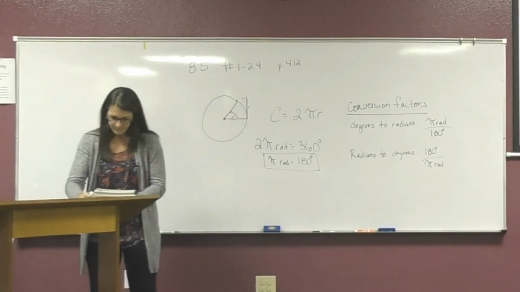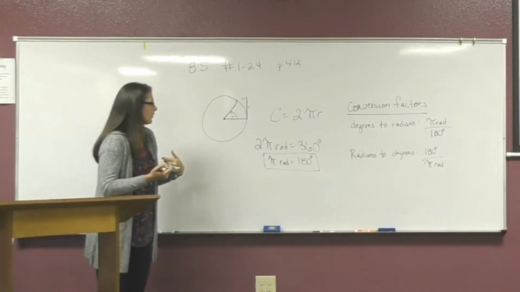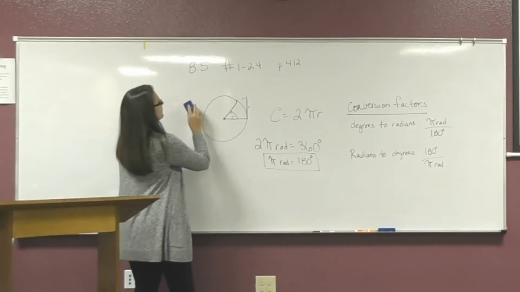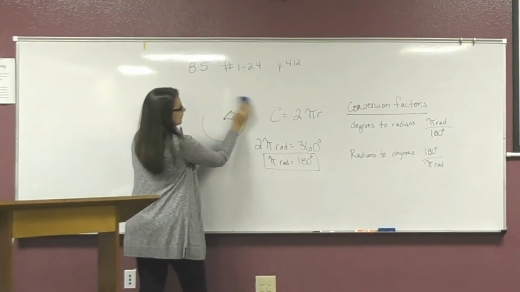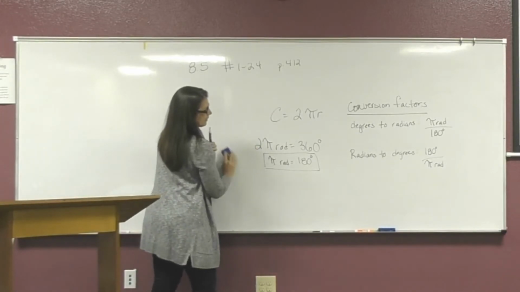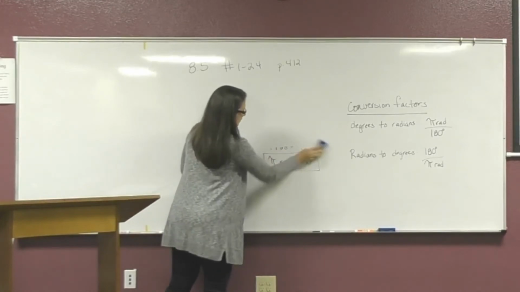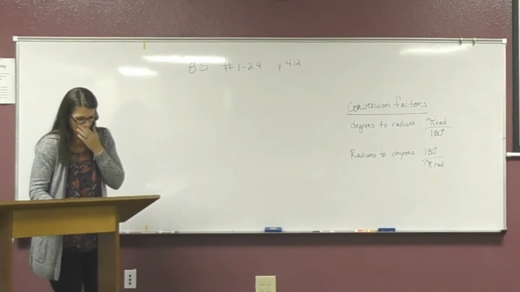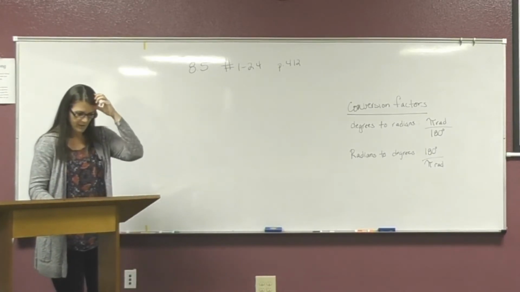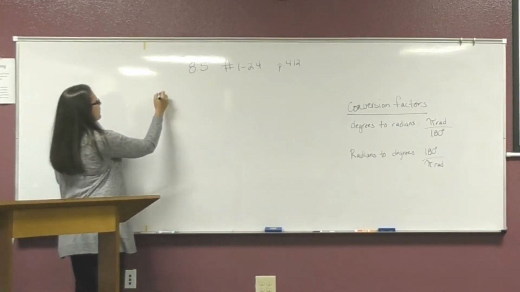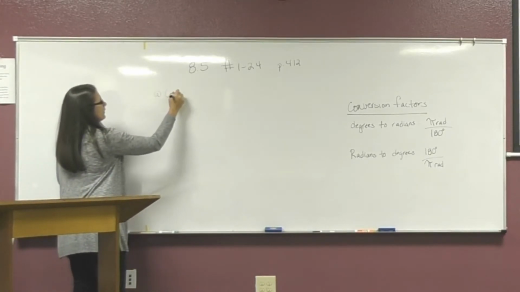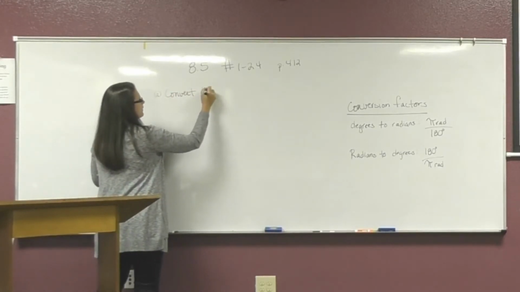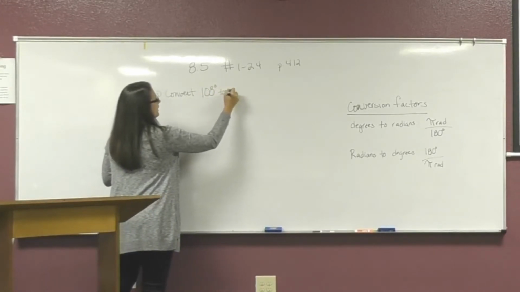Okay, let's walk through the example. 8.5a. It says convert 108 degrees to radians.